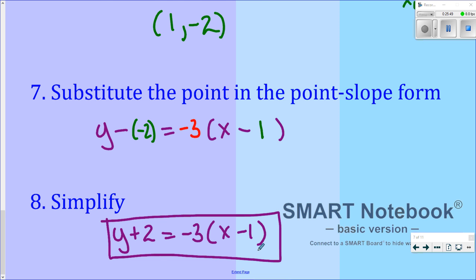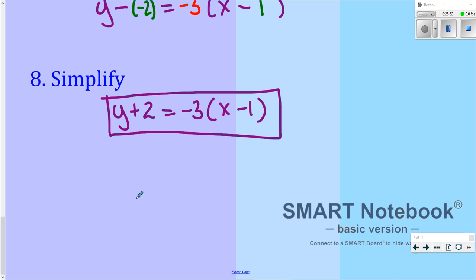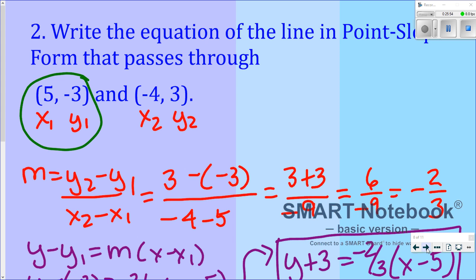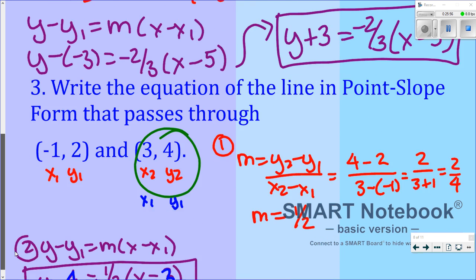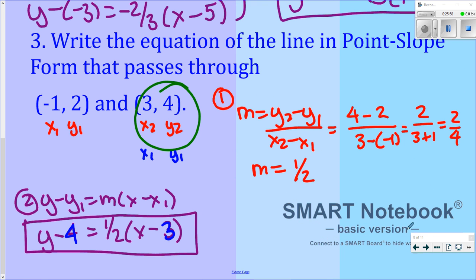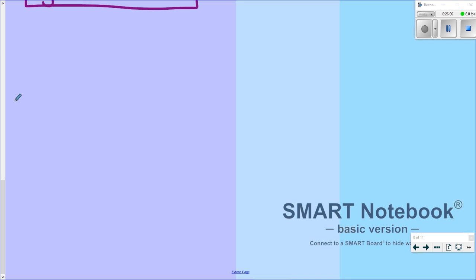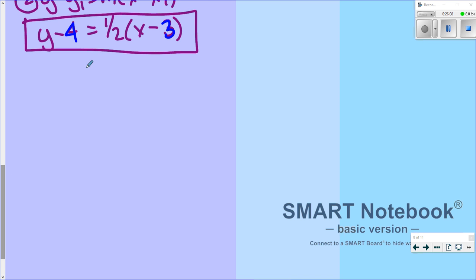And then another thing, like I was mentioning, actually I should go to the other page just to show you where the point slope form is connected to the slope intercept form. So let's say if I took the last thing that we did, y minus 4 equals half times x minus 3.